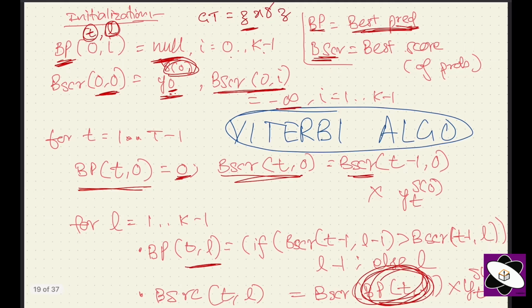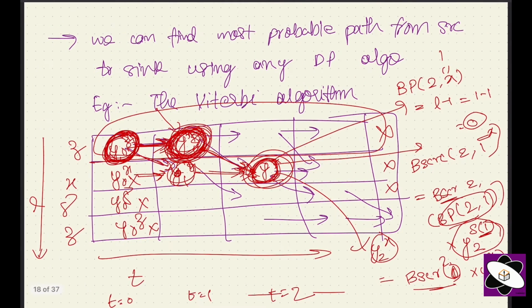What we can write over here is we can just write b score of t minus 1 comma bp of t comma l into yt of s of l. Now to explain this, let me take you to a new slide.